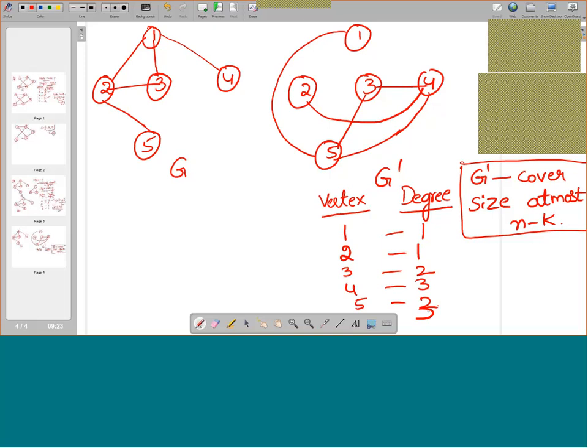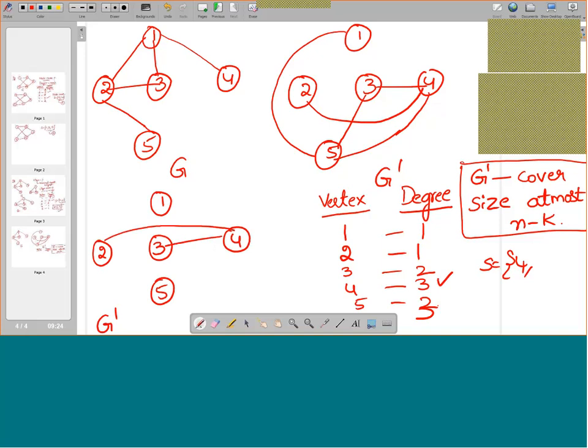we need to check what will be the cover size for G dash. So here the highest degree vertices are 4 and 5. So I am considering 4. S equal to 4. So from 4, we can draw 4 to 3, 4 to 2, and 4 to 5.